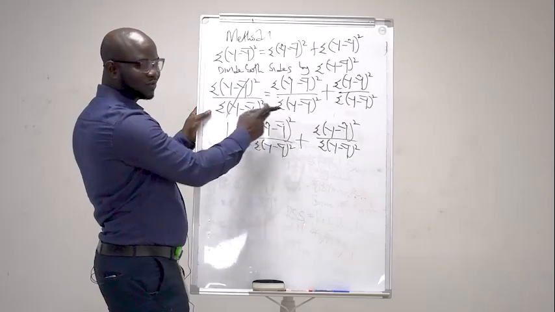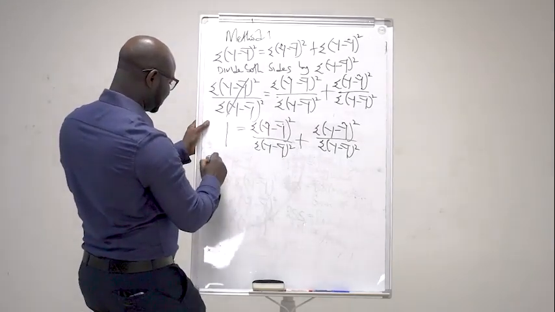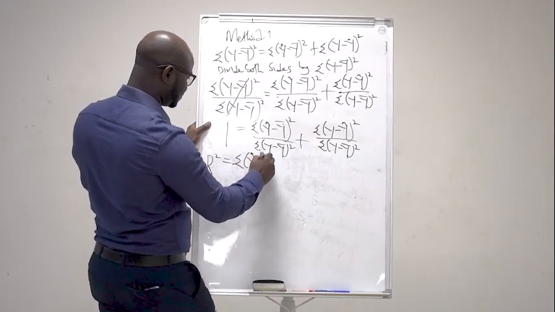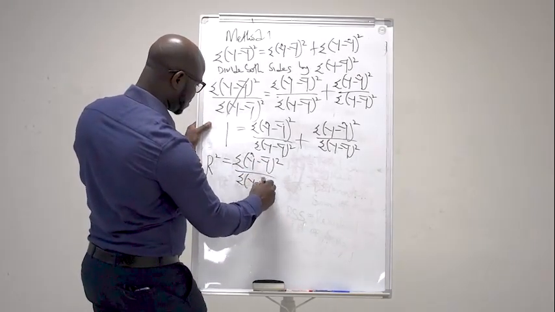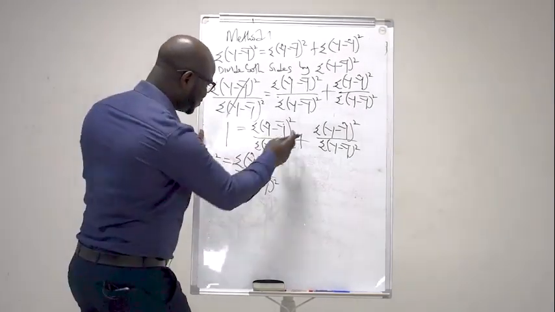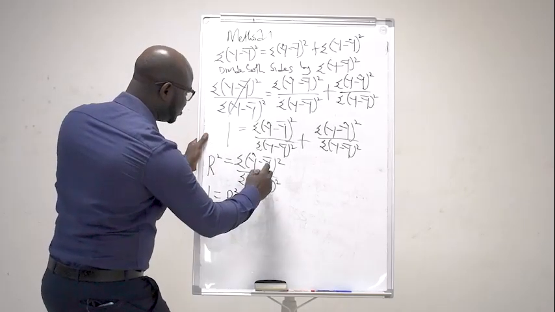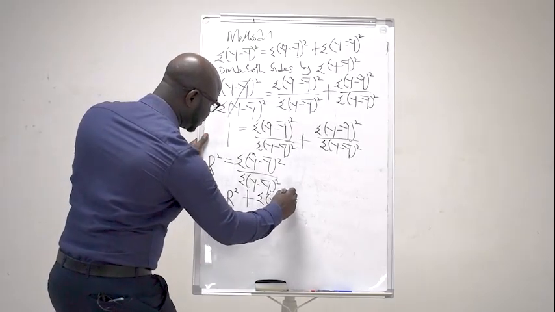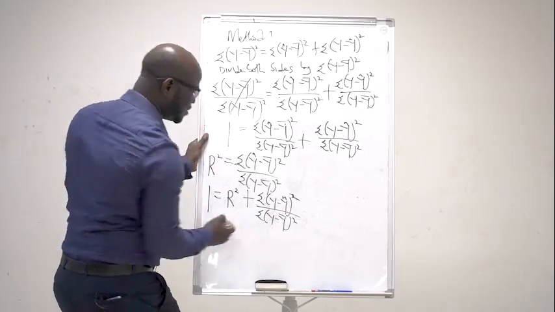We can use the formula that we have here to derive the R squared, which means that this is equal to R squared. So I can write the formula as 1 is equal to R squared plus the summation of Y minus Y cap squared divided by the summation of Y minus Y bar squared, right?